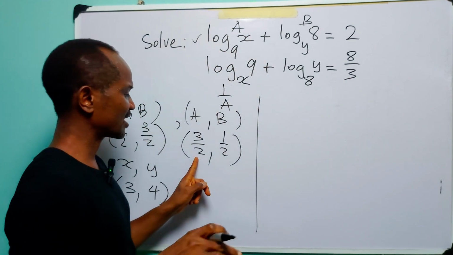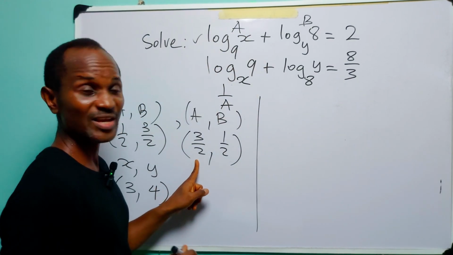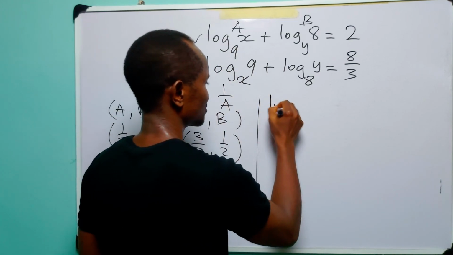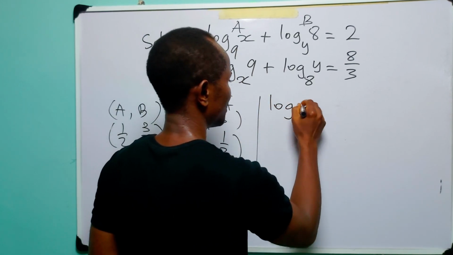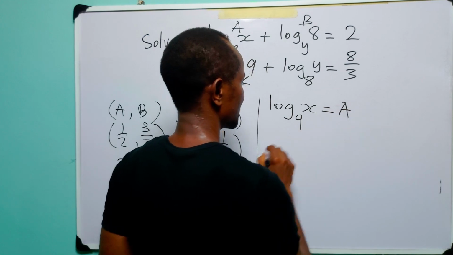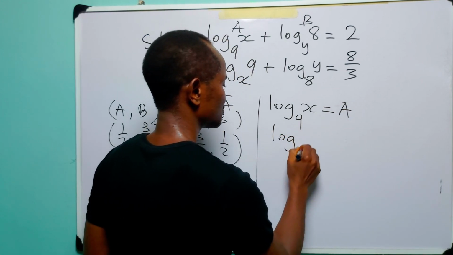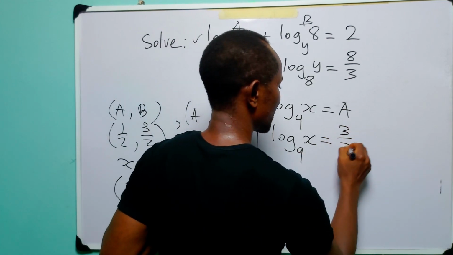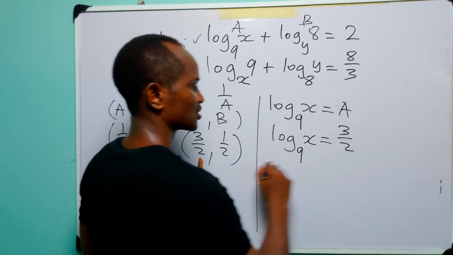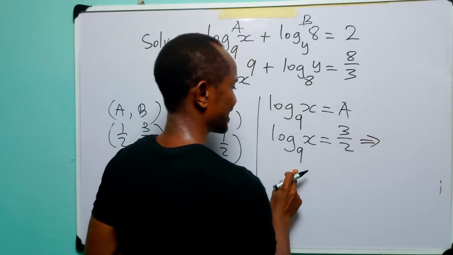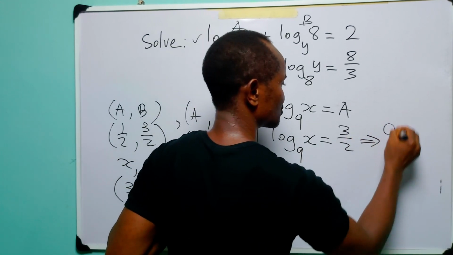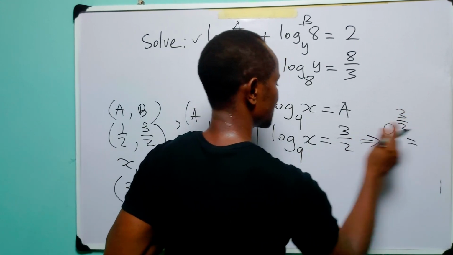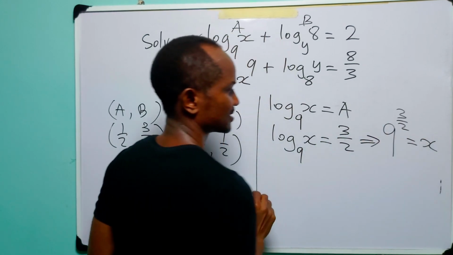Once more, to calculate the value of x from this value of a, we go back to this substitution. So we have log base 9 of x is equal to a. Log base 9 of x is equal to 3/2. And of course, from here we have that 9 to the power 3/2 is equal to x.